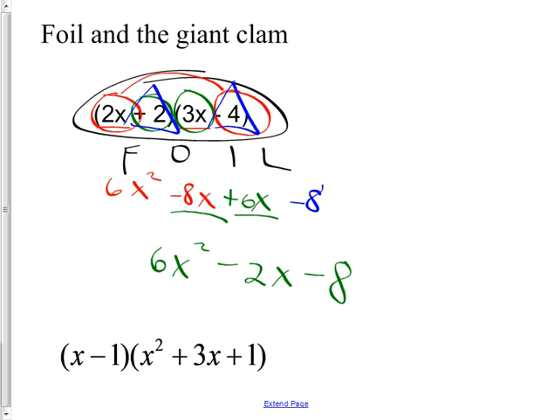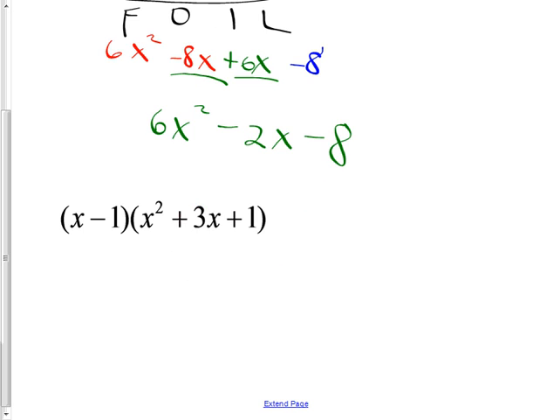Good. Okay. This one, notice the title said FOIL and the giant clam. I'm going to use the giant clam technique in solving this one. Watch what I mean. I'm going to kind of do distributive.